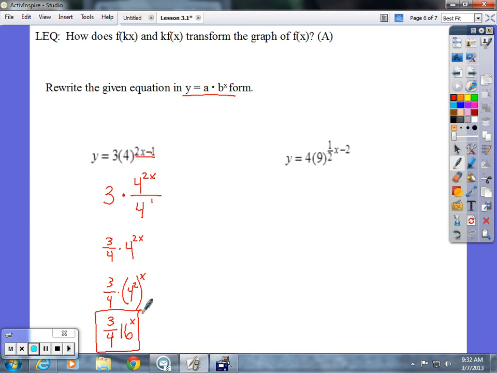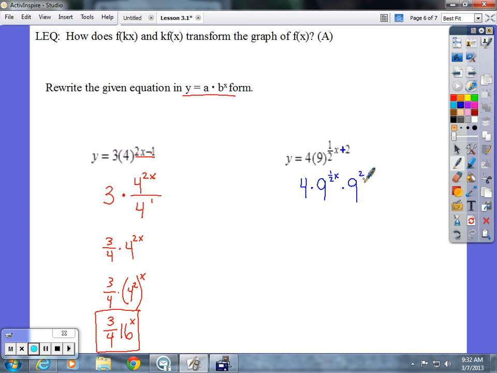All right. So same thing over here. Same idea. I see subtract. I guess I should have thrown an addition one in here. Let's go ahead and make that addition. That'll probably screw some stuff up, but oh well. So what we have here is 4 times 9 to the 1/2 x times 9 squared.